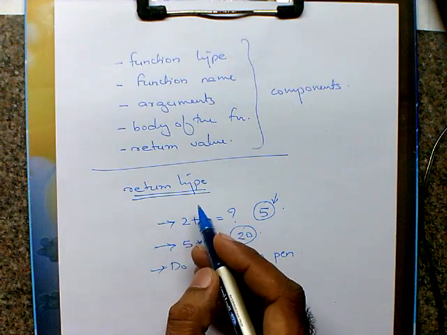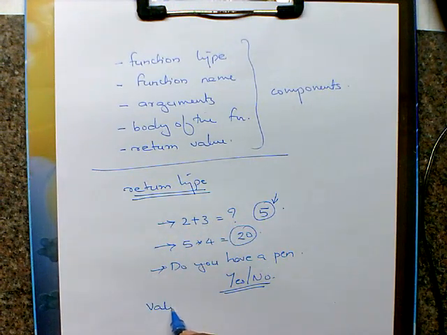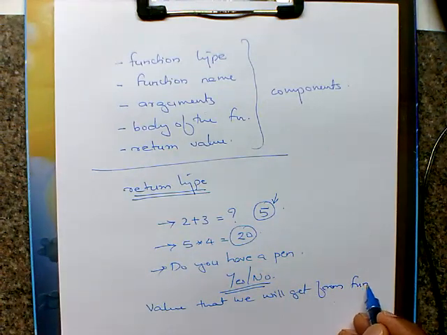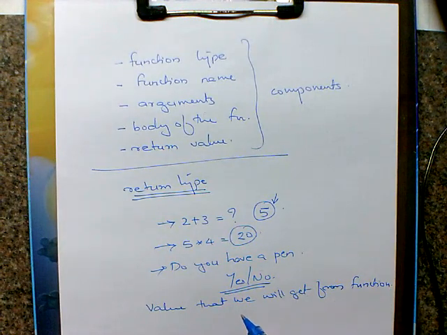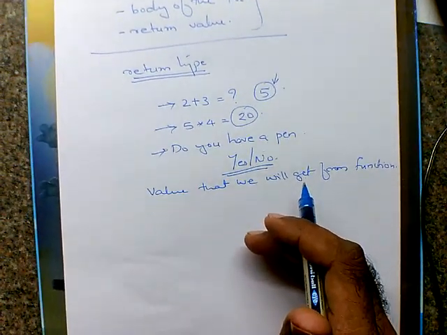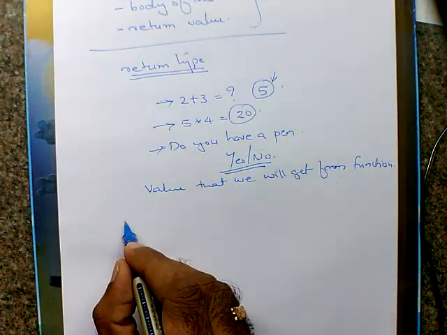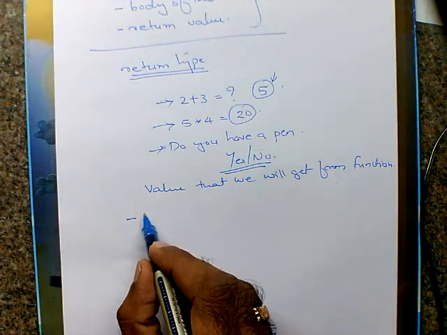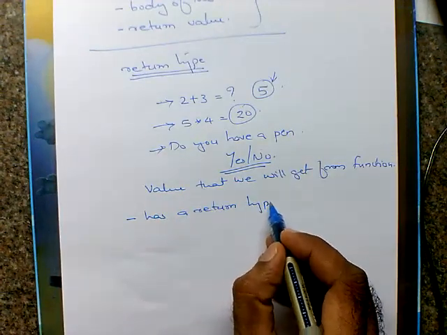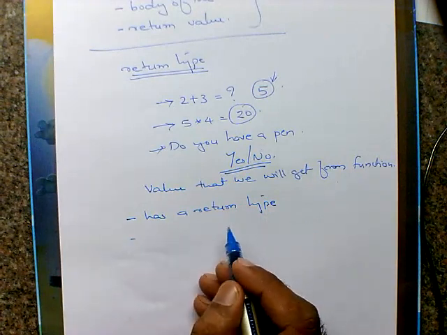So return type means the value that we will get from the function. Now in some cases we may get some value, but in some other cases we may not get any value. Sometimes a function has a return type, sometimes it may not return anything.